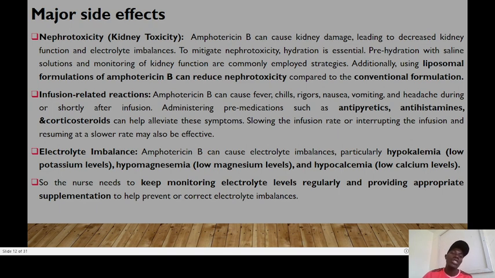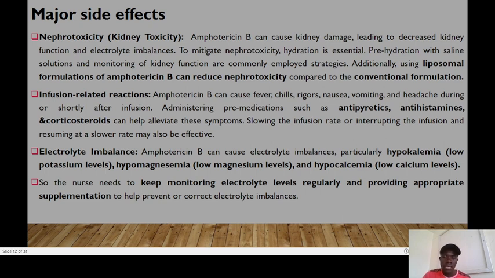Additionally, we could use a liposomal formulation of amphotericin B just to reduce this nephrotoxicity, comparing it to the conventional one. The liposomal formulation will at least reduce the chances of developing kidney toxicity. The other side effect is infusion-related reaction.